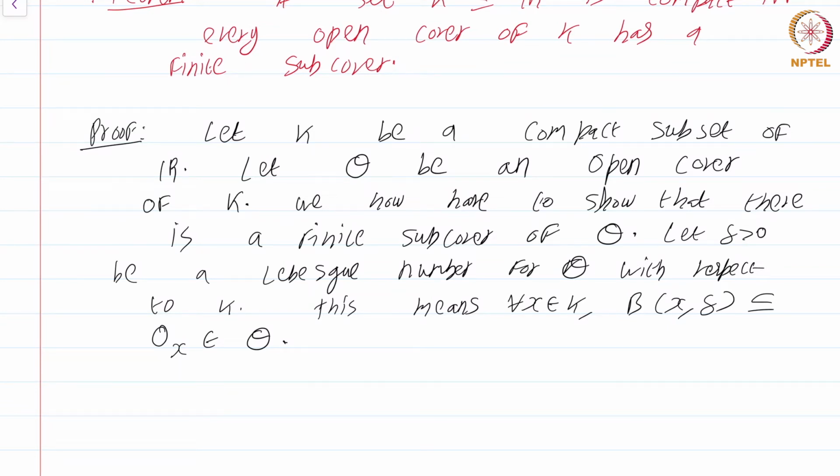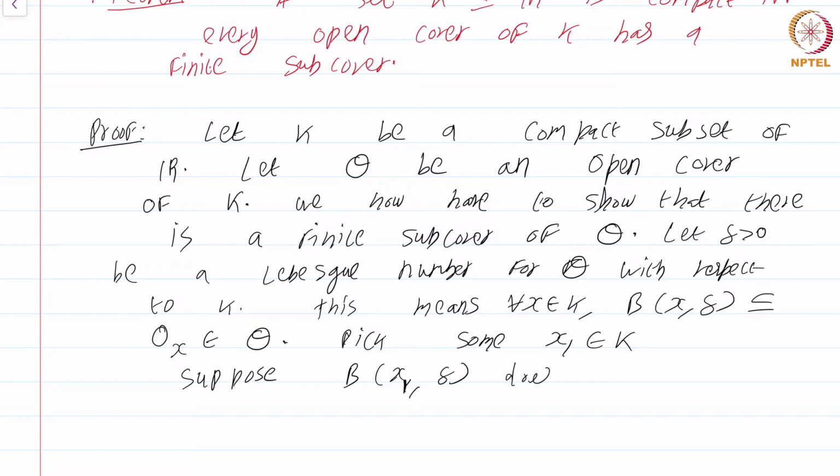Okay, how does this help us? Well, pick some x1 in K. Suppose B(x1, delta) does not contain K. There are two possibilities.